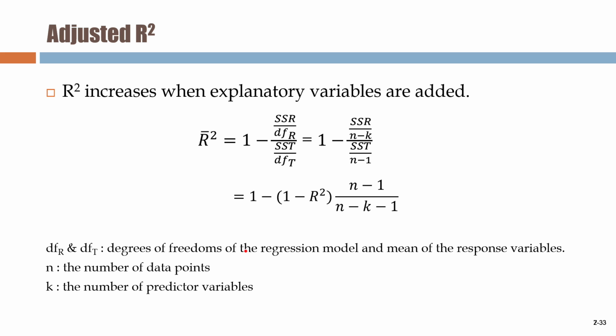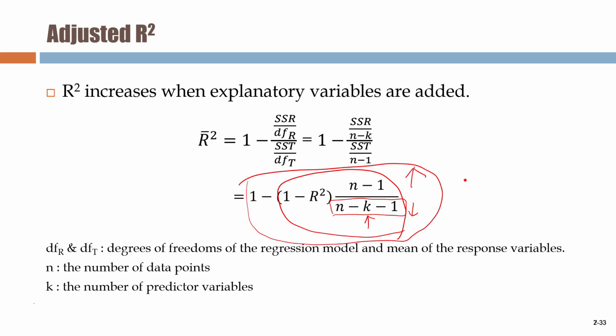You can consider this the R square that penalizes. As you can see here, the k is in here. If k increases, the denominator will decrease, and the calculation will increase, so 1 minus it will decrease.